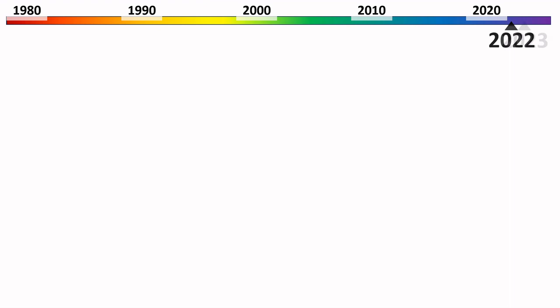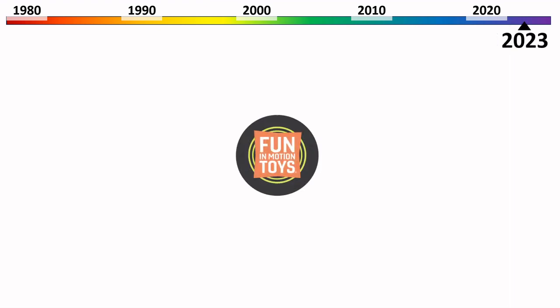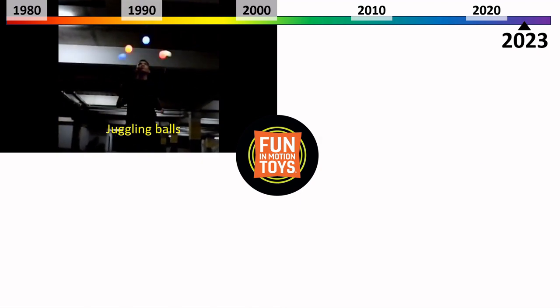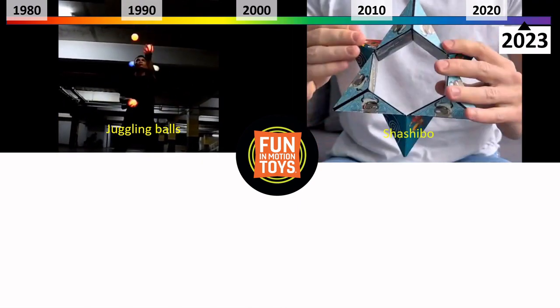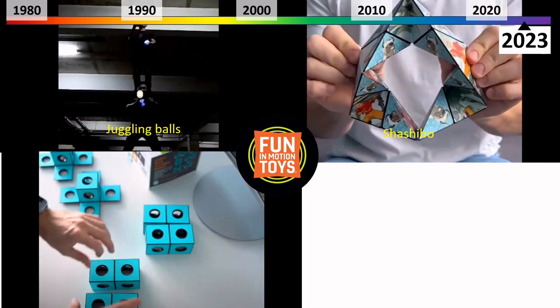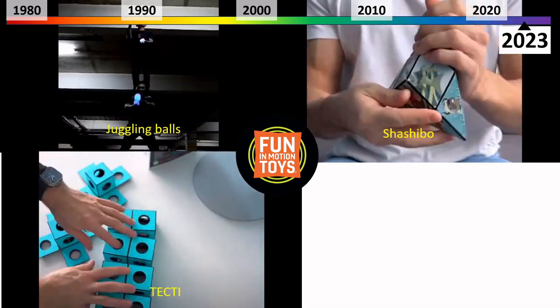Okay, then in 2023, I get approached by Fun in Motion Toys, a wonderful toy company out of Florida. And they do things like juggling balls and a thing called Shishibo, that stands for Shape-Shifting Box. A brand new product they've got called Tech Tea.